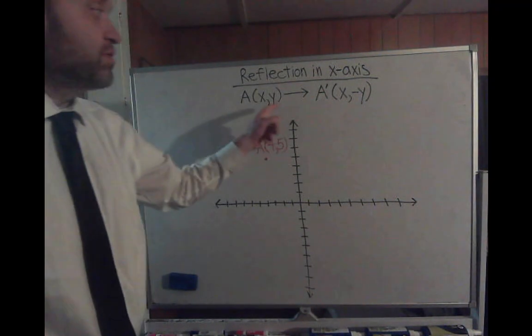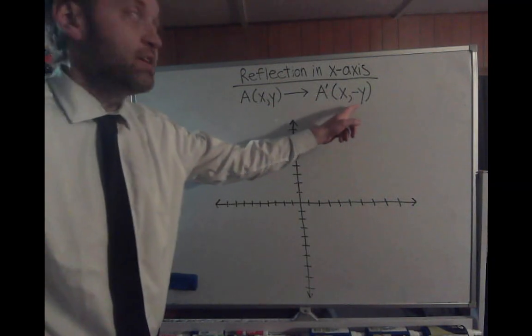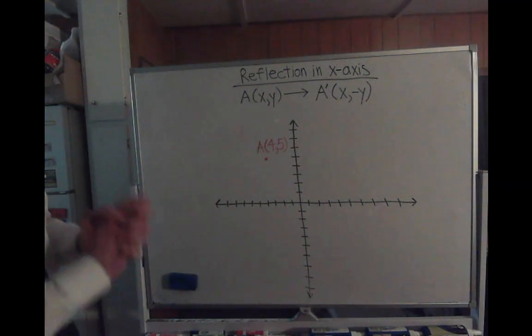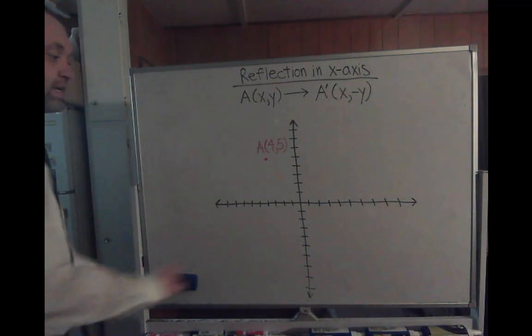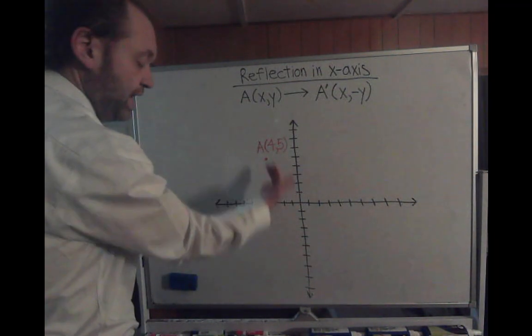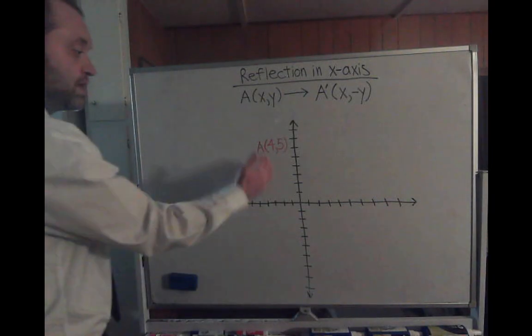So it would go from (x, y) to (x, negative y) for a reflection in the x-axis, because you're using this horizontal axis as the mirror.